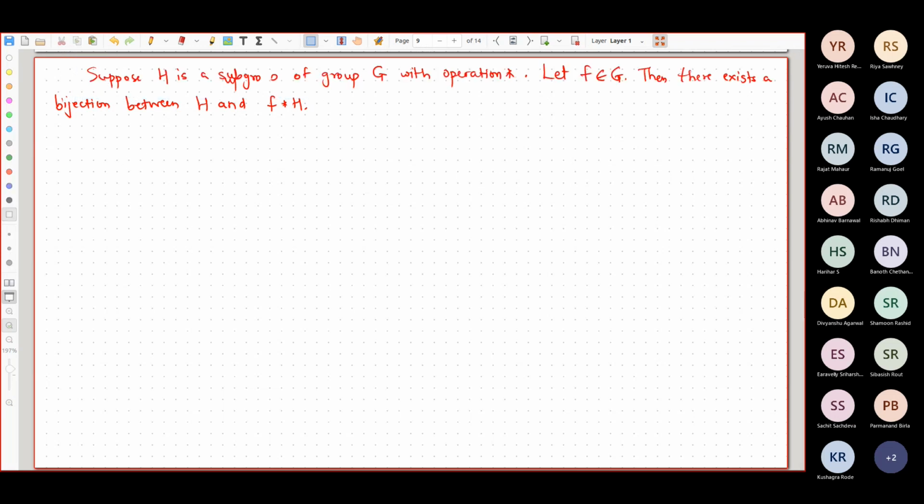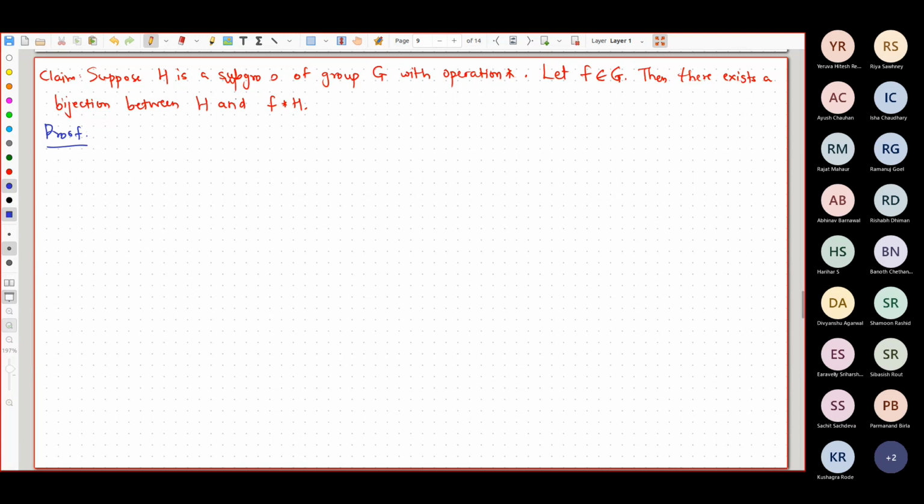Claim. Can somebody suggest an explicit bijection between H and f star H? What is f star H?